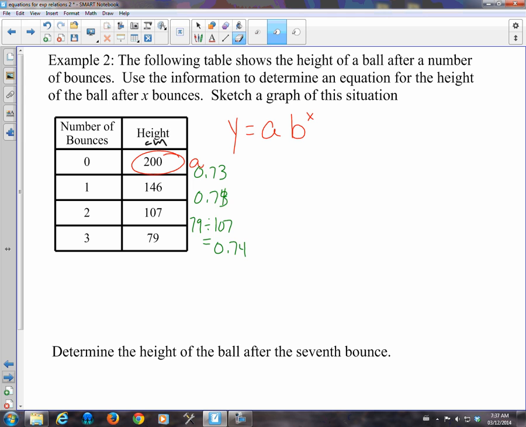I think I rounded wrong. Double check the last one, 79 divided by 107, 0.74. So it's about 0.73.